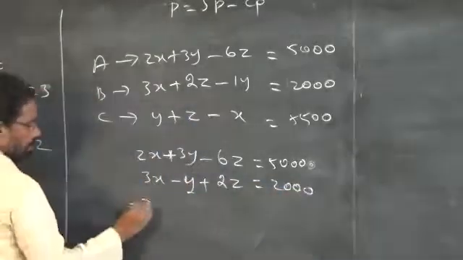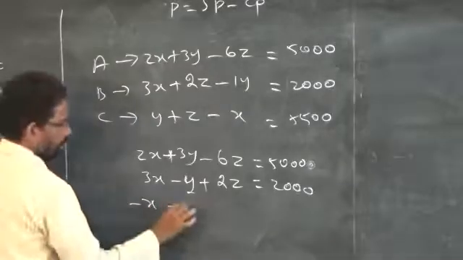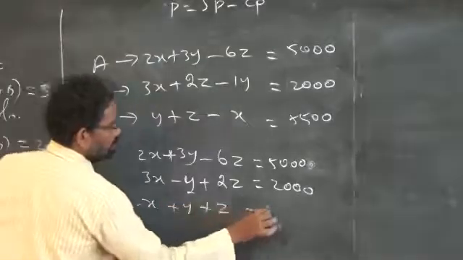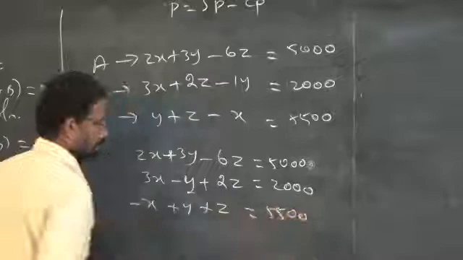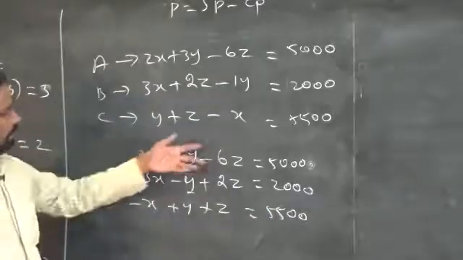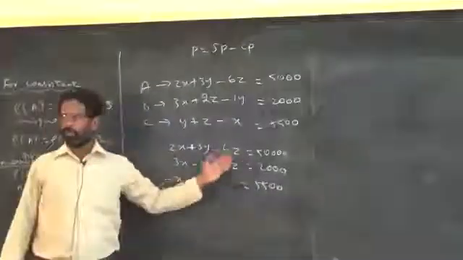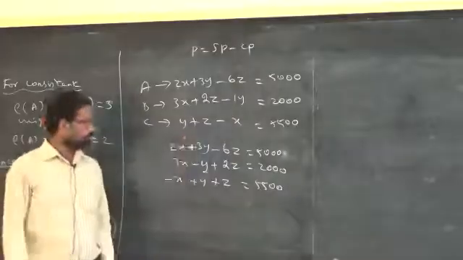The next one, minus x plus y plus z is equal to 5,500. Now you see all 3 equations are in standard form, x, y and z.